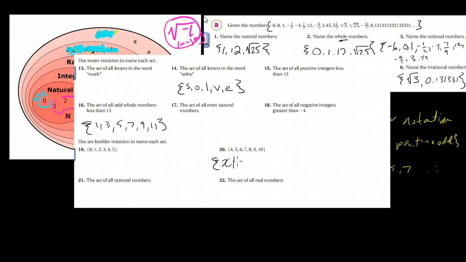So we'll say that x is a whole number greater than or equal to 4 and less than 11. We could also say less than or equal to 10.